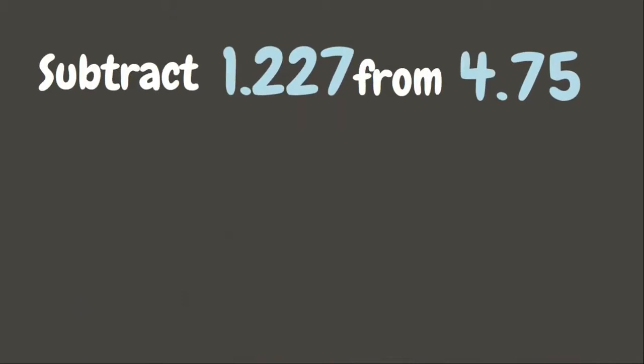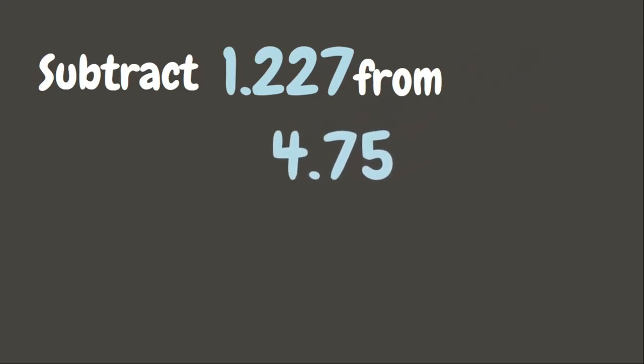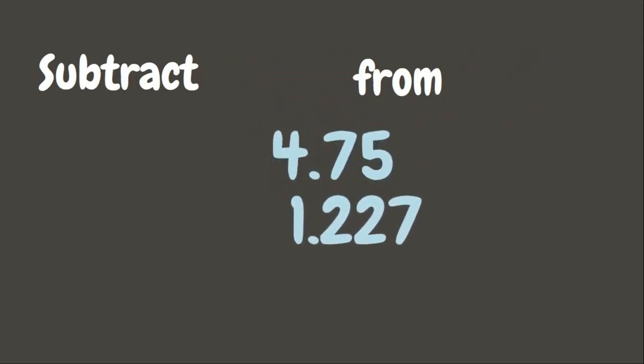Let's have another example. Subtract 1 and 227 thousandths from 4 and 75 hundredths. Make sure that we align the decimal points and the same place values.